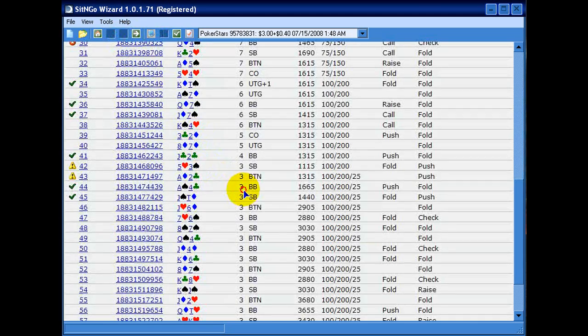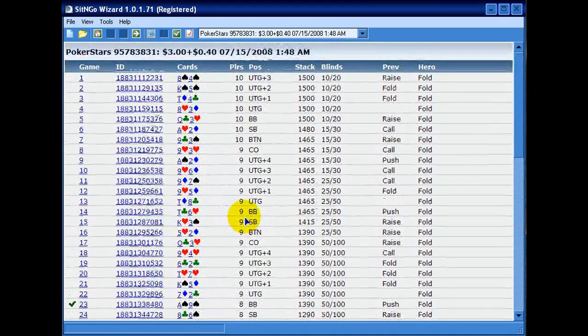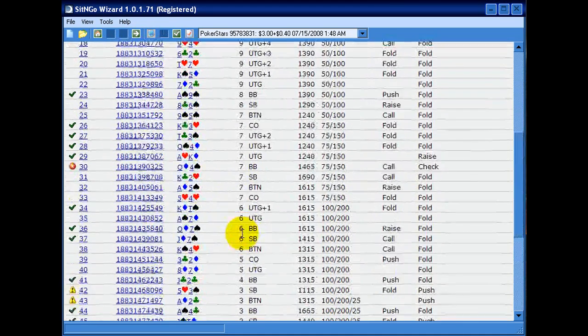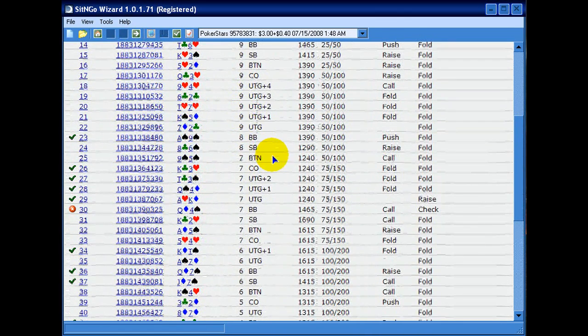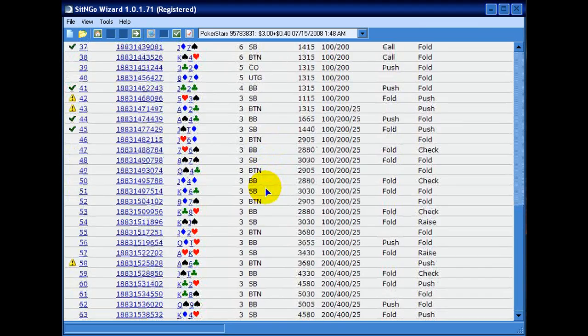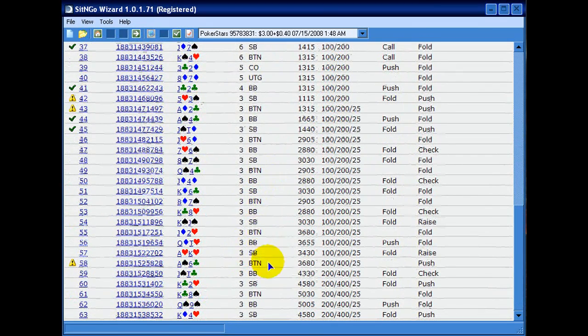But that's Sit and Go variance. As you can see, we were pushing very wide, and Sit and Go Wizard pretty much agrees with us for the most part about our pushes, and yet at the same time, we can still very possibly run into better hands, and just a bit of bad luck and we're out of the tournament.